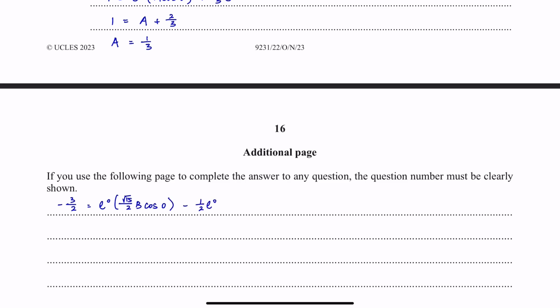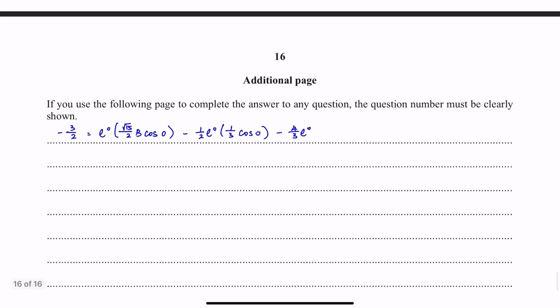Minus half e to the 0 times 1/3 cos 0, minus 4/3 e to the 0. So we have negative 3/2 equals √15 over 2 b minus 1/6 minus 4/3. So √15 over 2 b would be 0, b is 0.